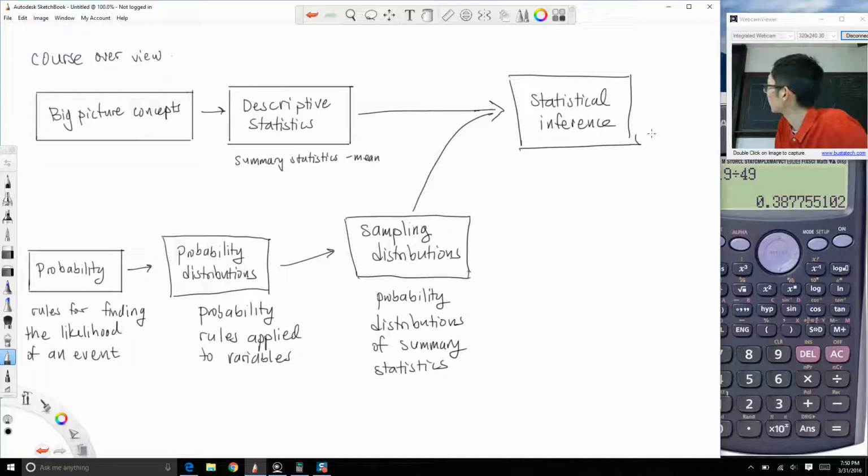Statistical inference is all about the data that we observed, as expressed by a summary statistic: is our data likely or unlikely to occur? This gets us up to the midterm exam.